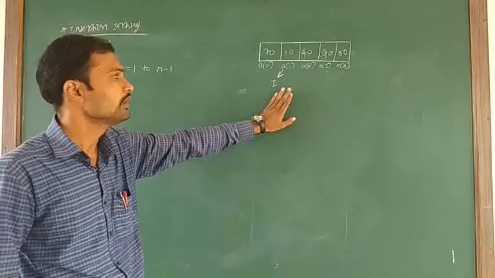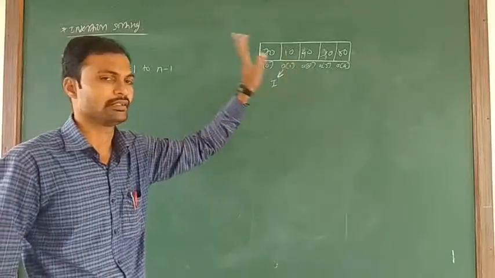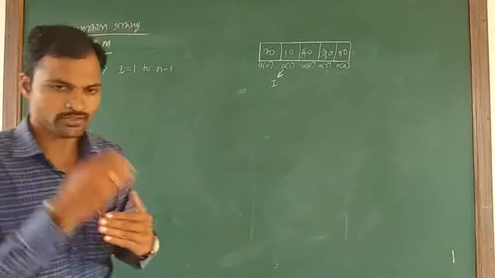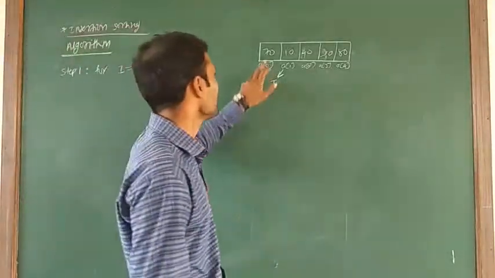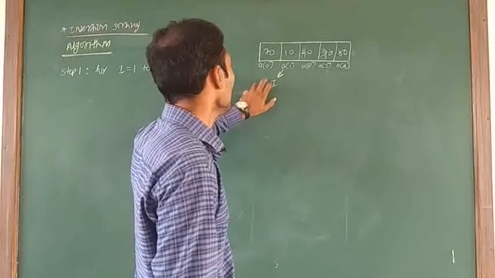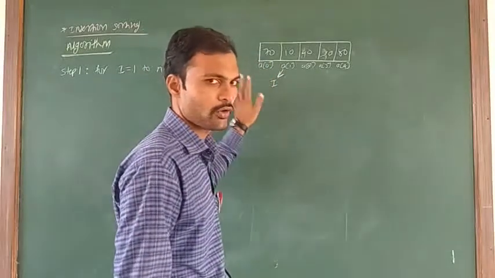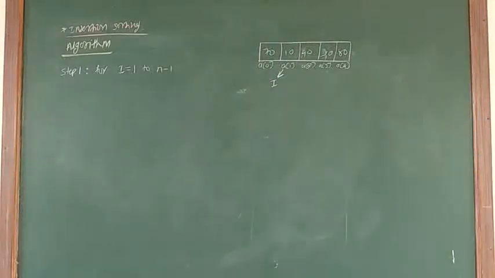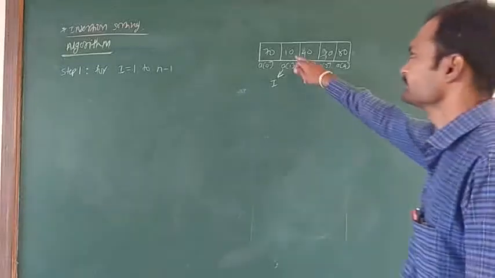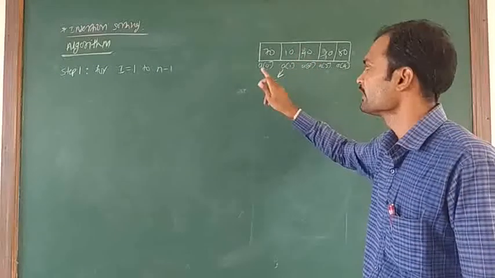So we take the first element, 10, as the key element, and start from there. With I is equal to 1, the key element becomes 10.